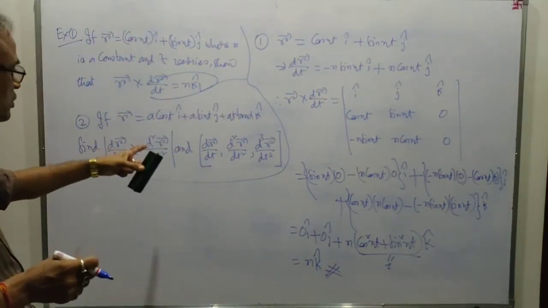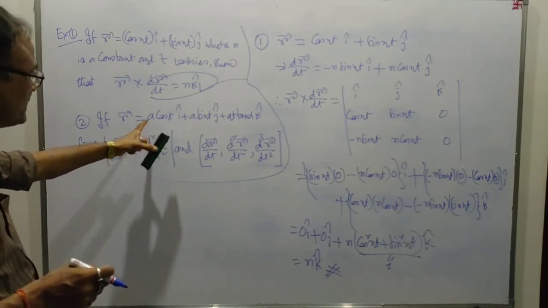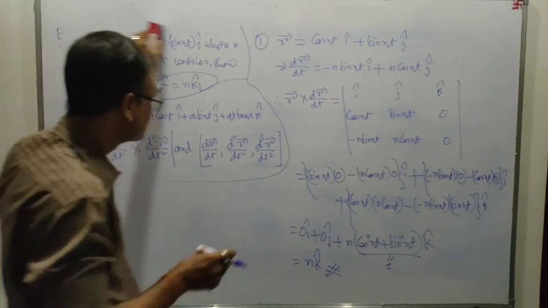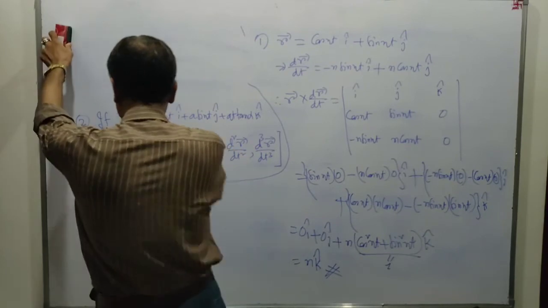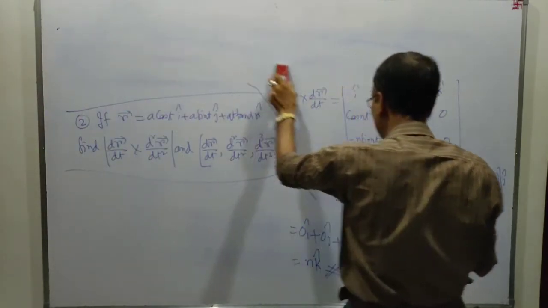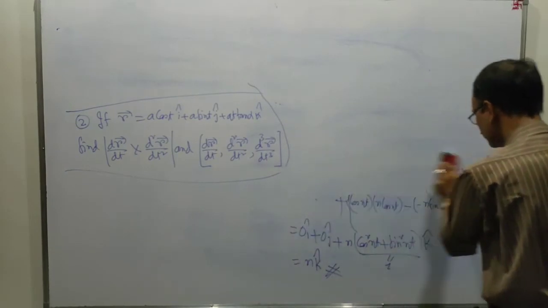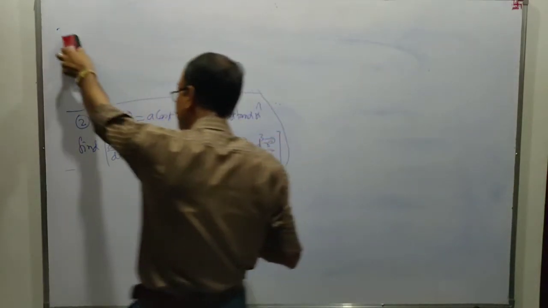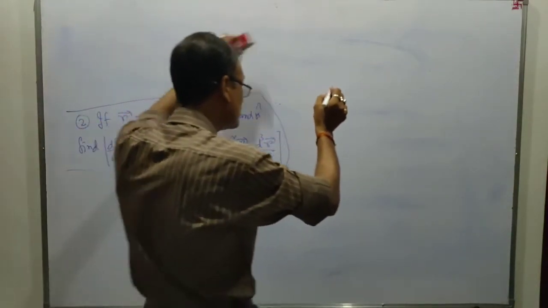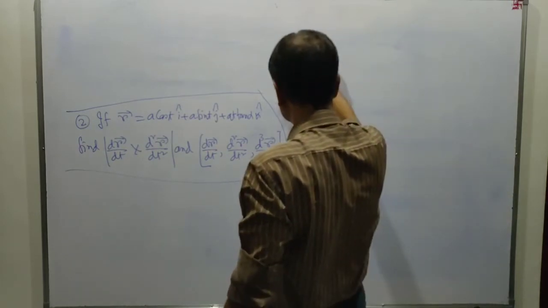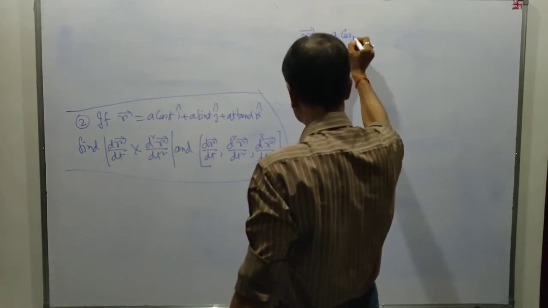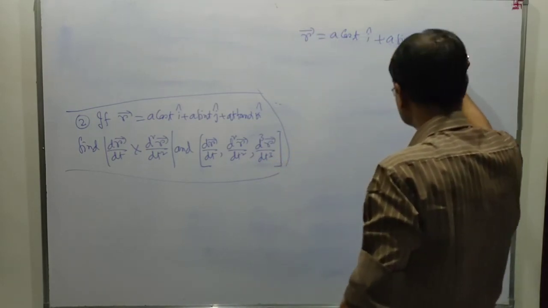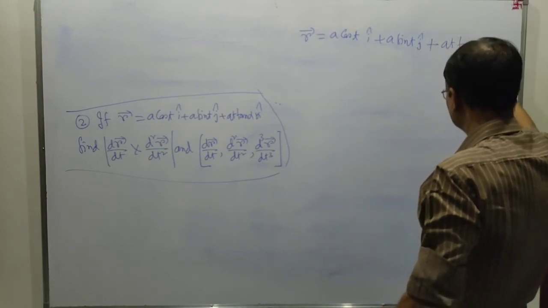Now, let us try to solve number 2. We have proved number 1. Now I am going to solve number 2. Now see, R vector is equal to a cos t i cap plus a sin t j cap plus a t tan alpha k cap.